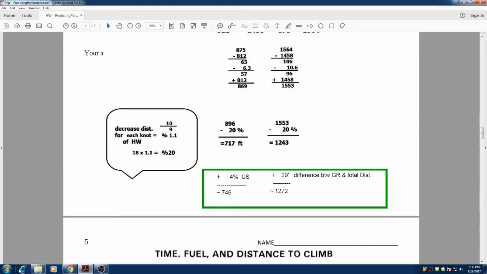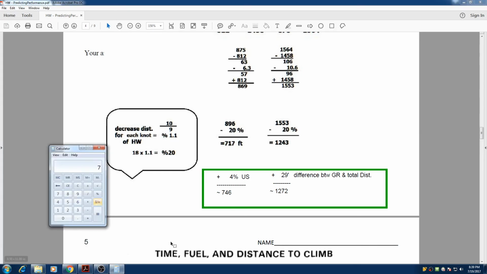If we use our calculator here, 746 minus 717 is 29 feet. So we need to add this 29 feet to our total to get the final value for our total to clear 50-foot obstacle.